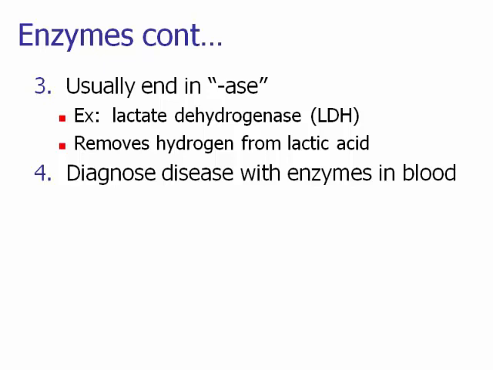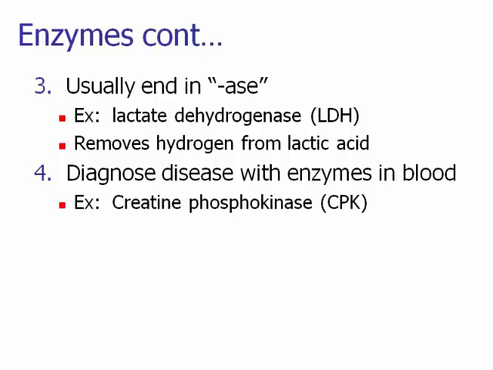You can also diagnose a disease or a condition that someone might have with enzymes found in their blood. So creatine phosphokinase is one that if someone's not feeling well and they go into the hospital, they do a blood check for enzymes. They can see liver enzymes, all kinds of things. One of the ones they're looking for is creatine phosphokinase. And when CPK is found in high levels in the blood, that means somebody just had a heart attack.